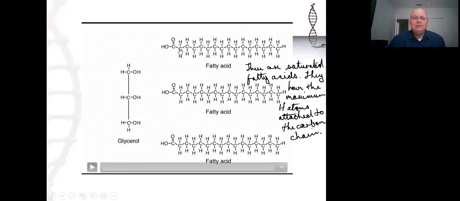And you can see that as a consequence of this, they are linear in shape. And so as a consequence, they can pack really closely together. So saturated fats, of which this is an example, tend to be solid at room temperature.